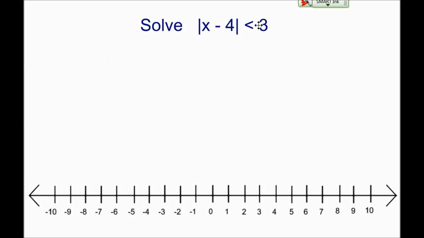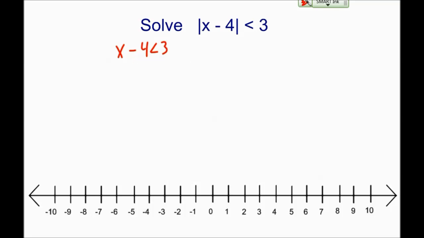What we're going to do, similar to absolute value equations, is set up two inequalities for us to solve. The first inequality we're going to look at is x minus 4 is less than 3. Basically, we drop the absolute value bars, and then we solve this.